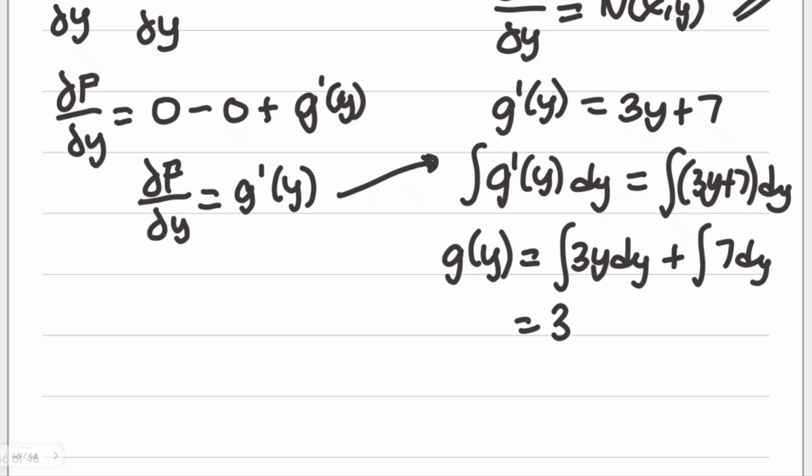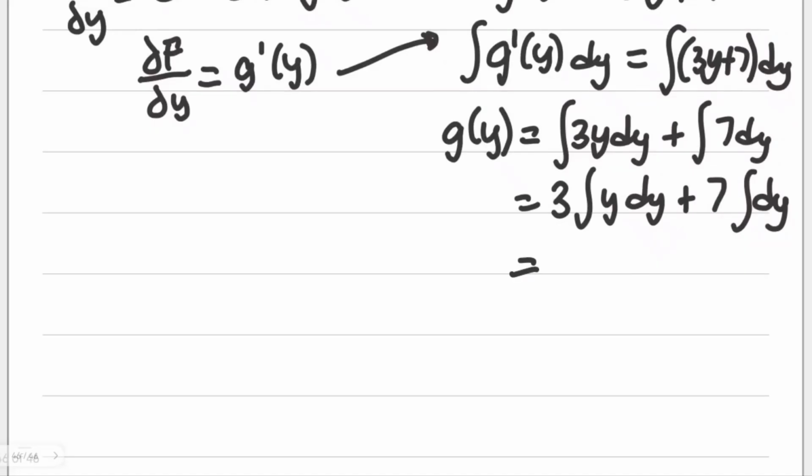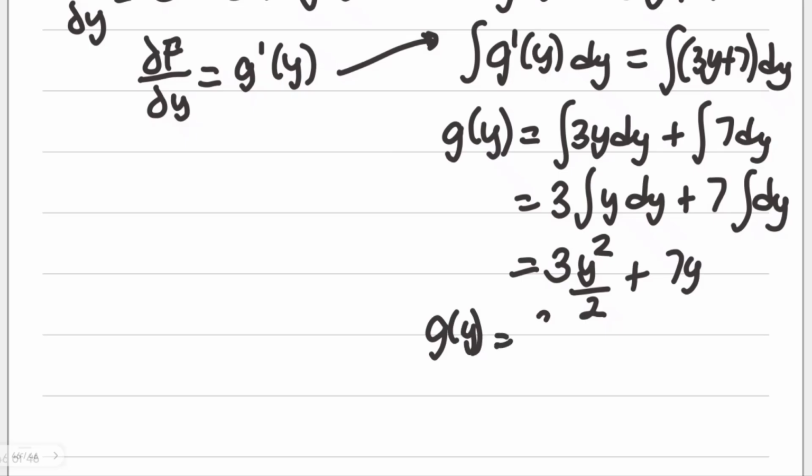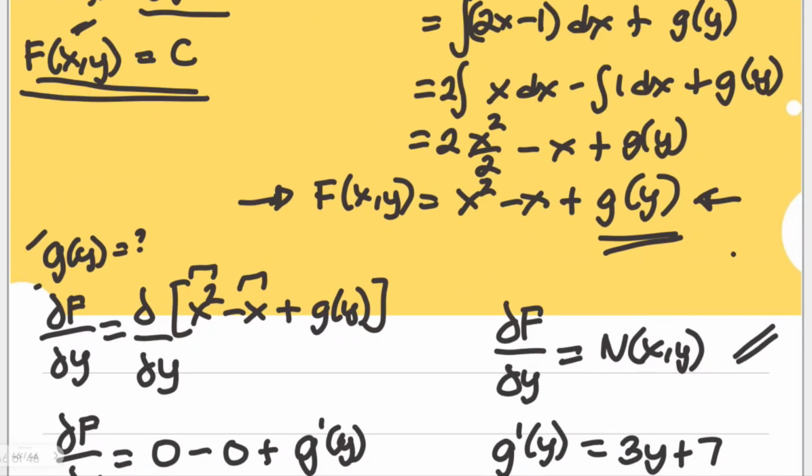You can always take out the constant. You will have 3 times the integral of y dy plus 7 times the integral of dy. You have 3y squared over 2 plus 7y. Or your g(y) can be written as 3 halves of y squared plus 7y.